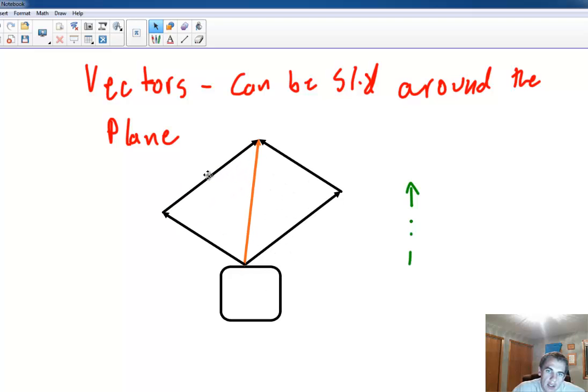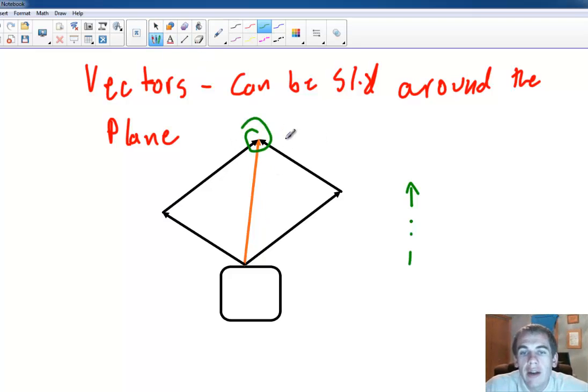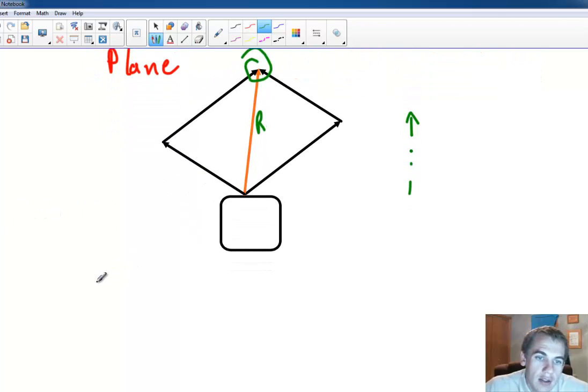Move it over to the tip of that one. And you can see everything comes together right here. So it doesn't matter which vector you pick to move around. This is the parallelogram method of vector addition, but either way, when you go from the tail of the first one to the tip of the second one, we get this resultant vector right here, and we want to know everything about that.